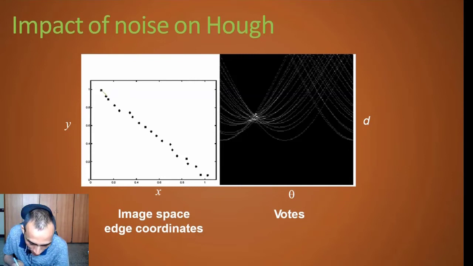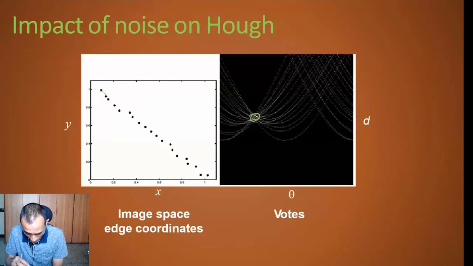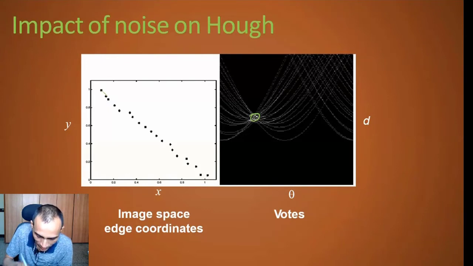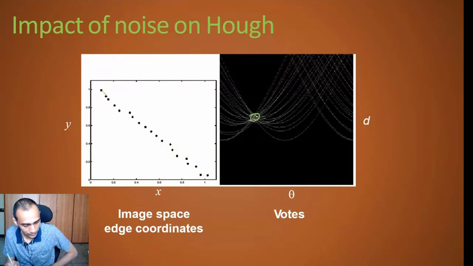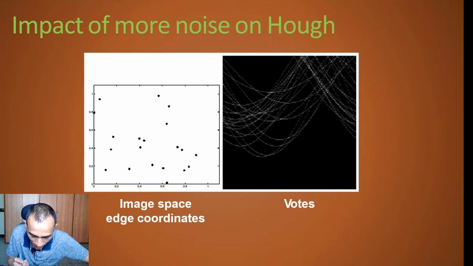If you do the voting, as we expect, they will not all vote for a single bin, but they will vote for a neighborhood of that bin, and then we'll have to do a non-maximum suppression to find the best fit line. But still, it is robust. It is not a problem. It will be able to handle this kind of noise.